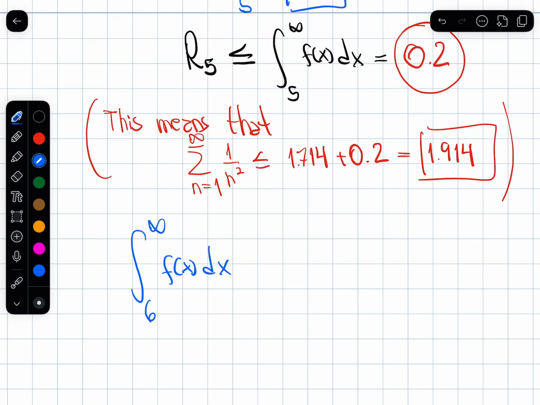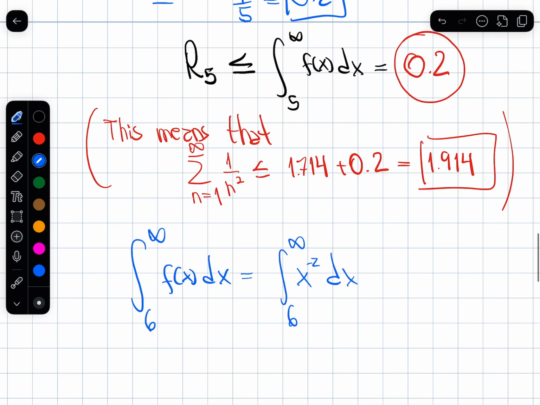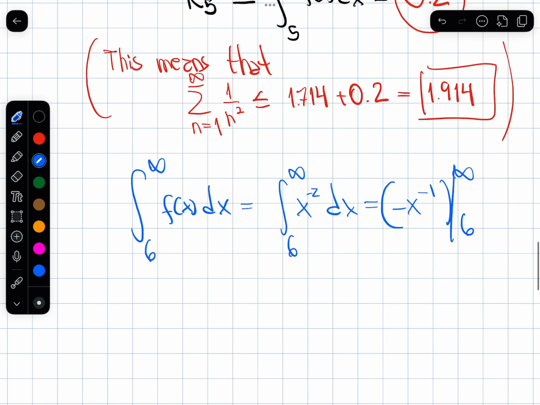1.714 is definitely not the right answer. I know the answer is more than that, but it's that plus something, and that something is between what I'm calculating now and 0.2. So this is going to be the same integral as before, right? So I'll have minus 1 over x from 6 to infinity.